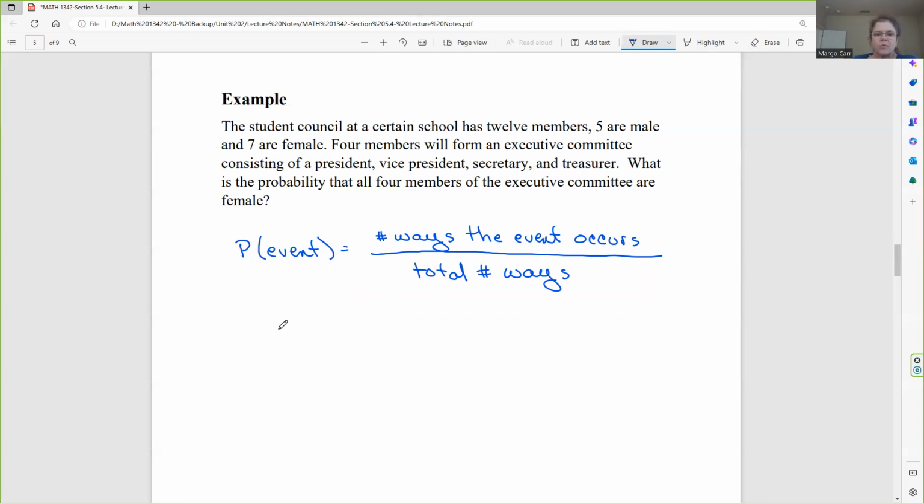Okay, so the total number of ways, let's see if I can actually write today, is total number of executive committees.